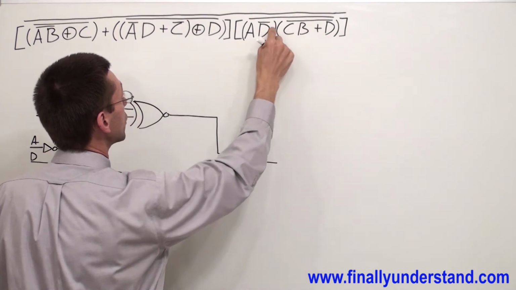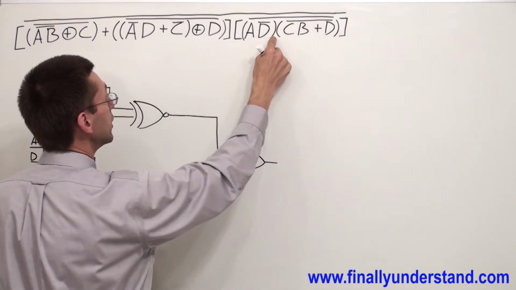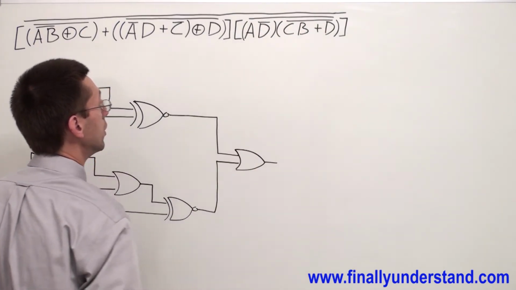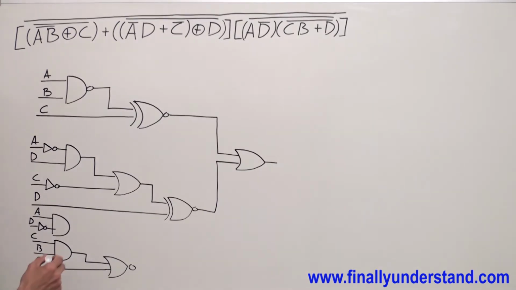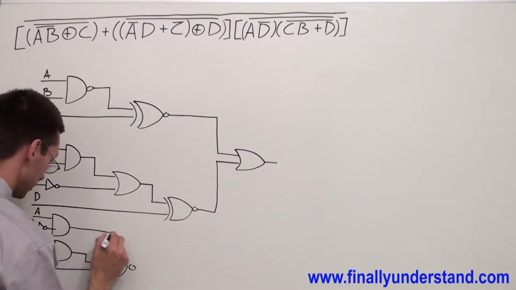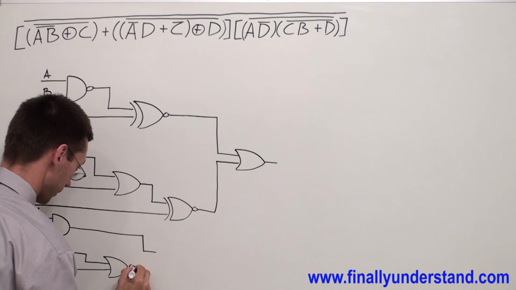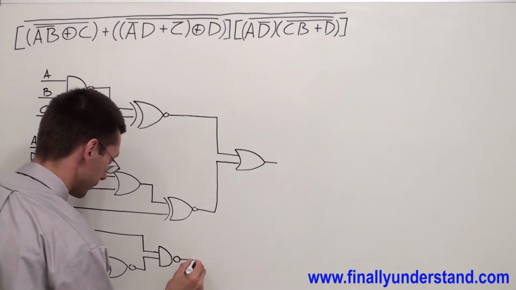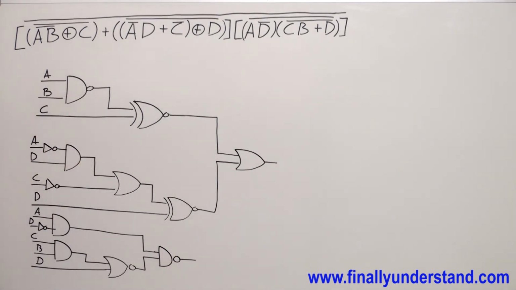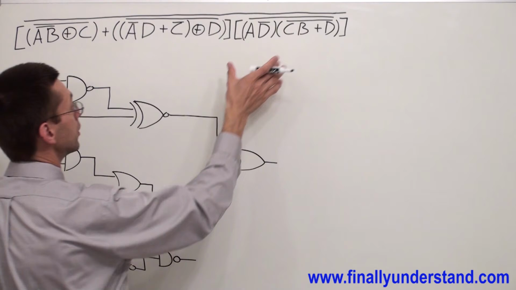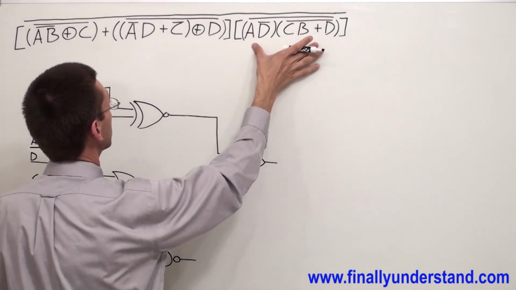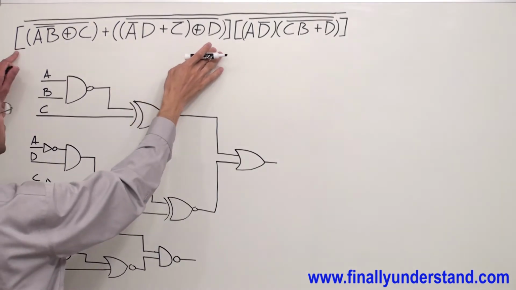Why? Because I have multiplication over here and I have a bar over these two expressions. That's why I have a NAND gate over here. Now I finished with these brackets and I finished with these brackets.